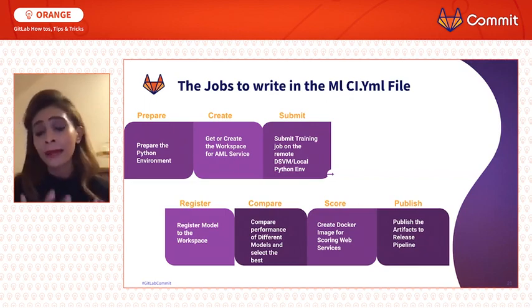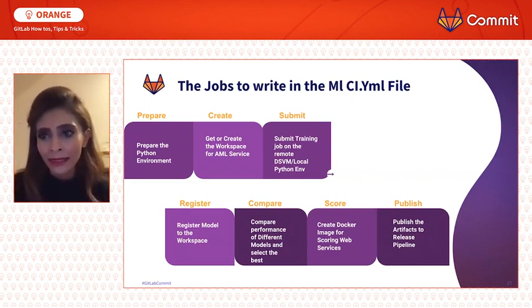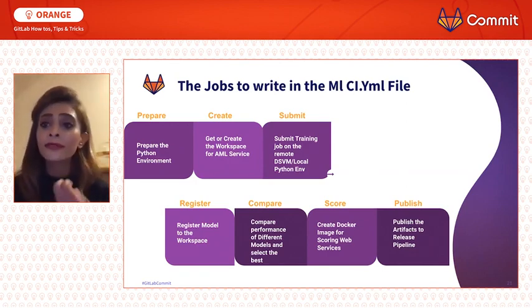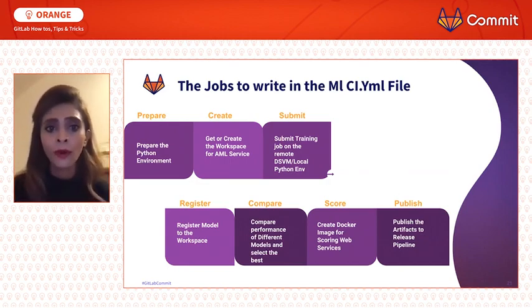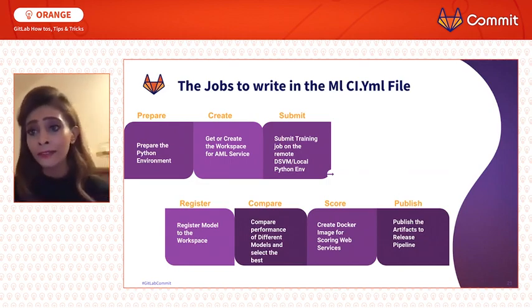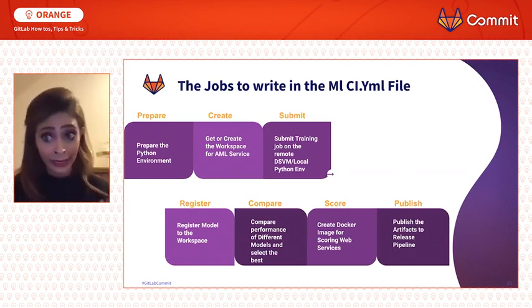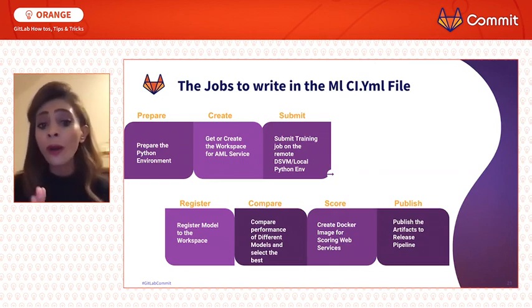For this part, it's just a Python environment, but it could be R or it could be Spark. Then you create the workspace for the machine learning service. You submit the training job on the local Python environment or anywhere else. Register the model to the workspace. Compare the performance of different models and select the best.